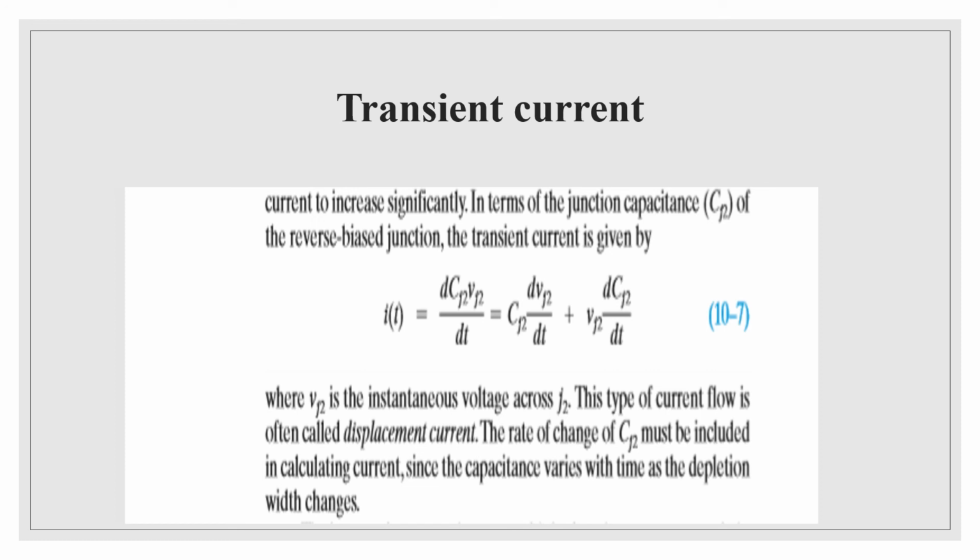The rate of change of capacitance across the junction J2 must be included in calculating current, since the capacitance varies with time as the depletion width changes. The increase in current due to rapid rise in voltage can cause switching well below the steady state triggering voltage, which we defined as the breakdown voltage, VBFO or VP, whatever you want to call it.